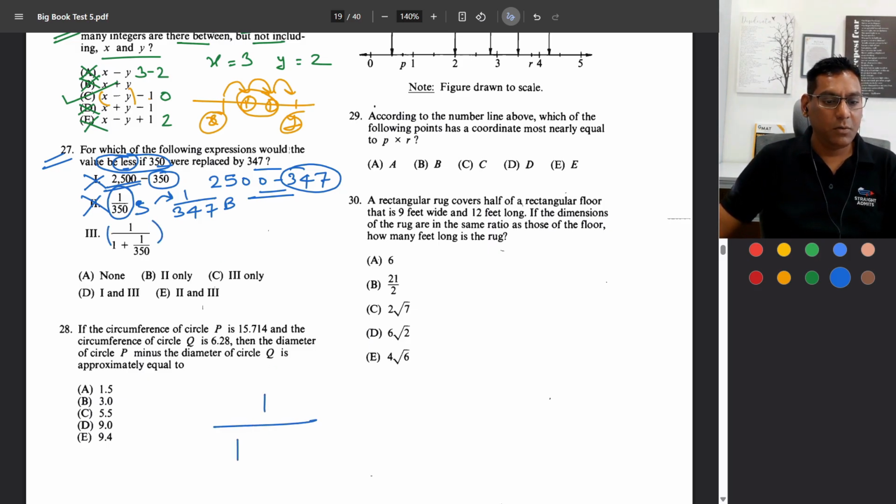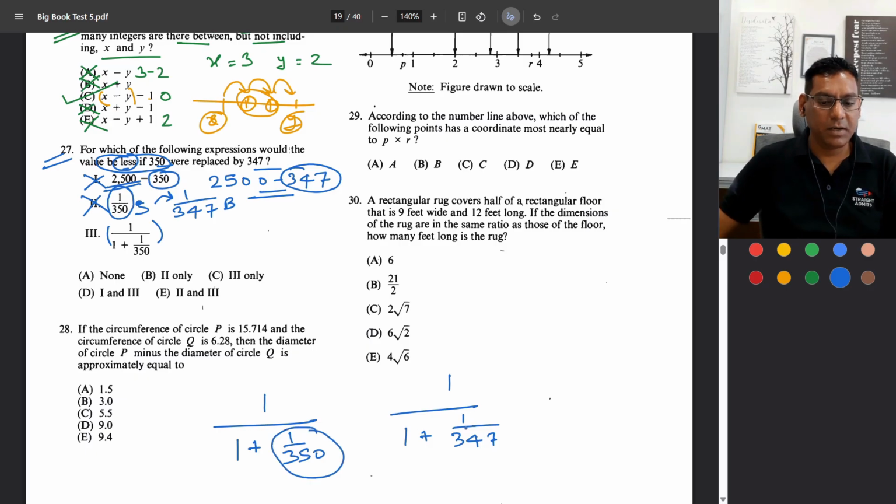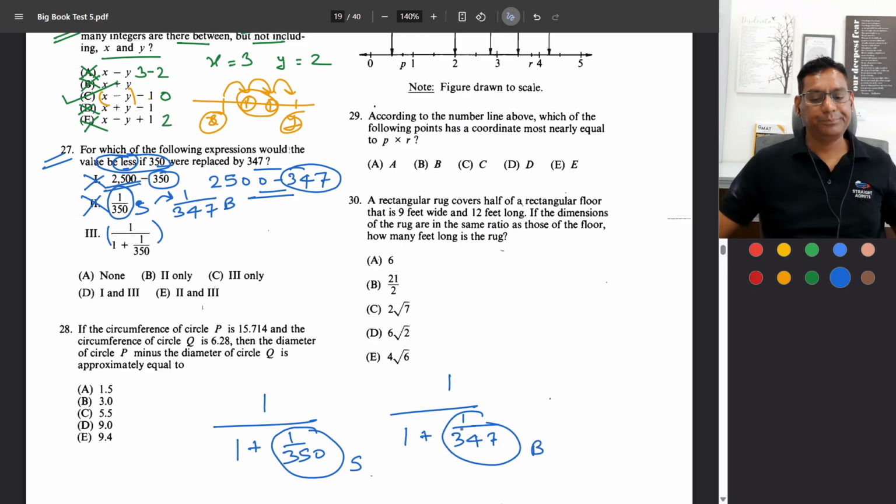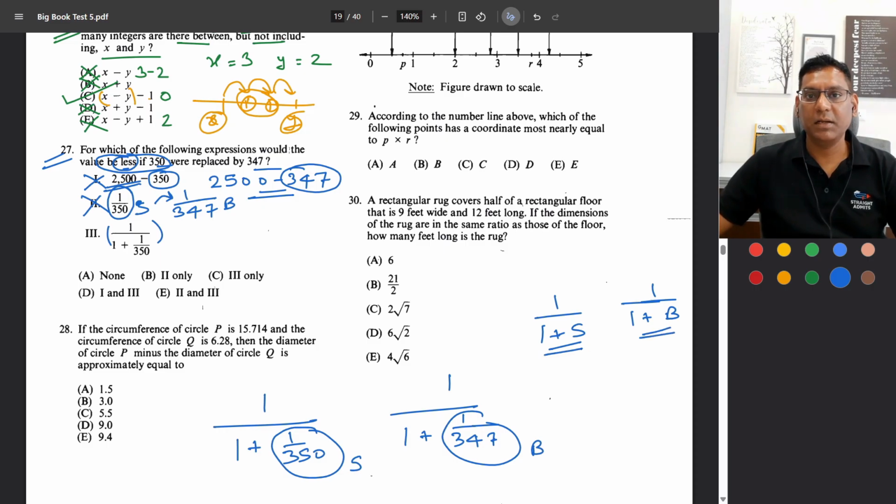1 by 1 plus 1 by 350 compared with 1 by 1 plus 1 by 347. So we just saw that this number, which is there in answer choice B, is smaller and this number is bigger. Correct. So let me just write it like this. 1 by 1 plus small number, 1 by 1 plus big number. Okay. What is bigger? 1 plus small number is bigger or 1 plus big number is bigger?